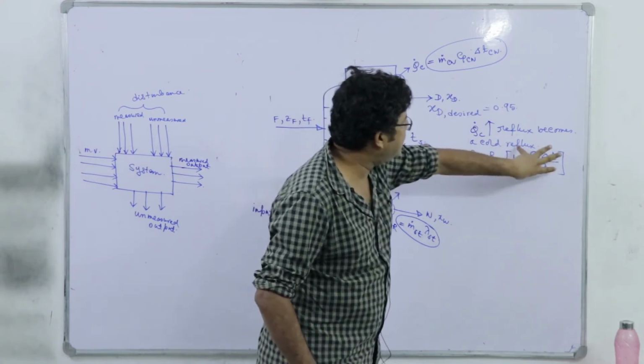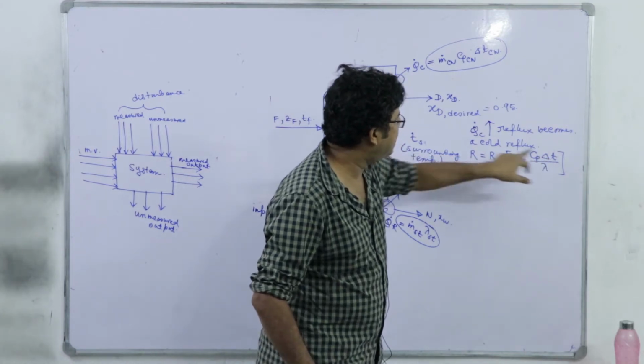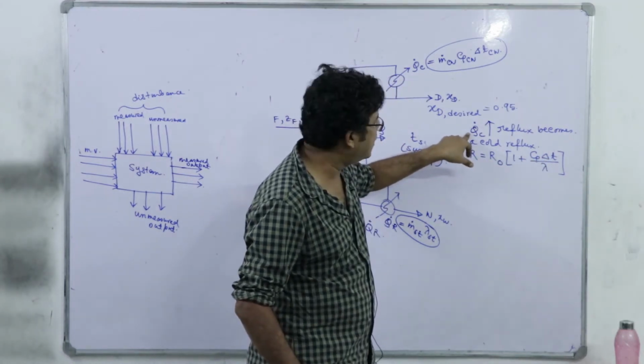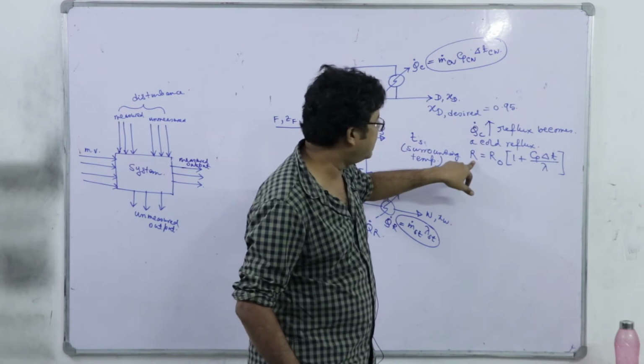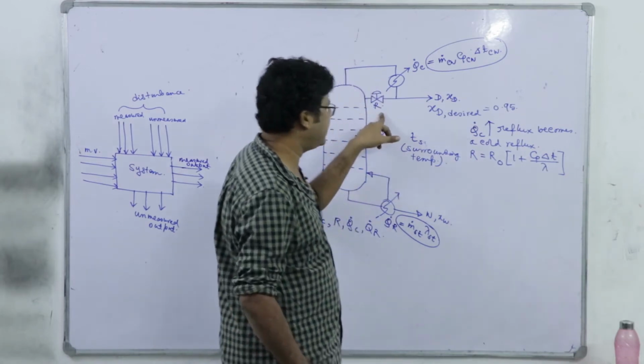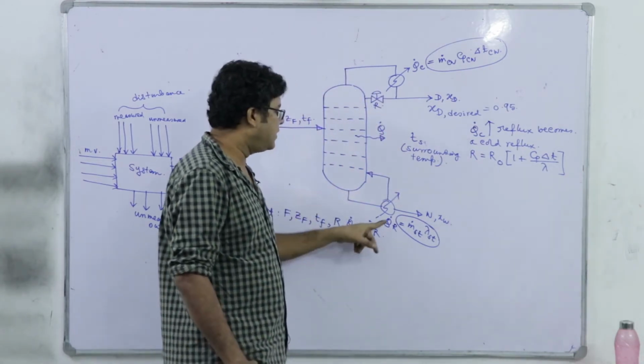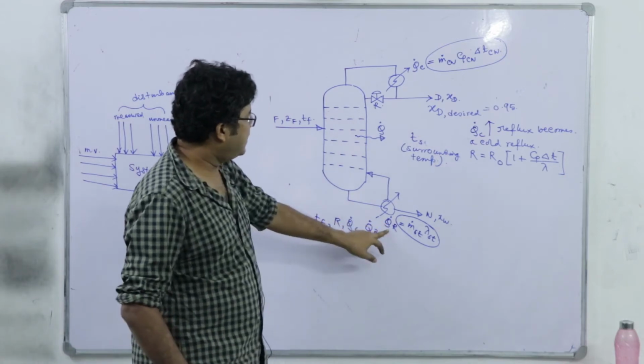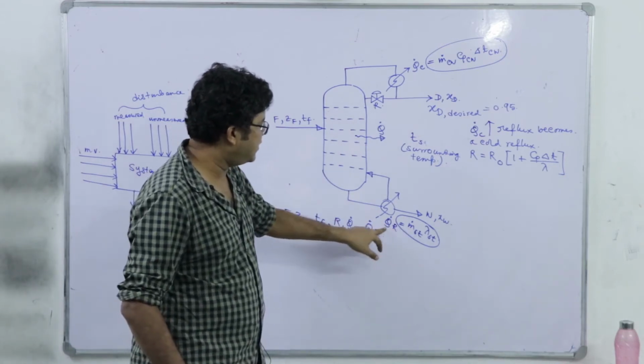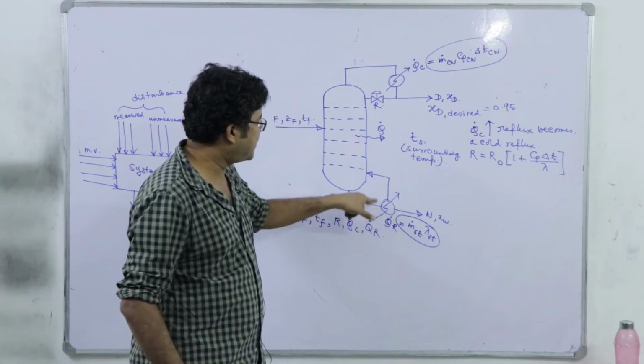So by changing delta T, upon changing primarily Q dot C, we are changing the internal reflux ratio without actually operating that valve.